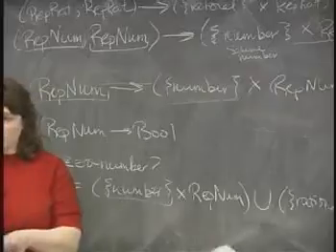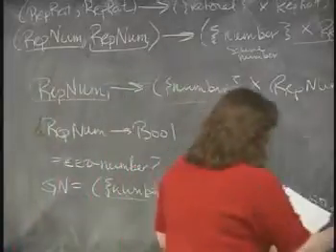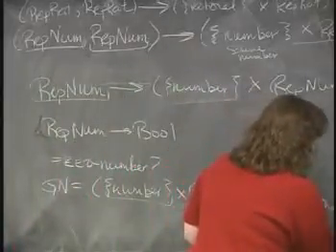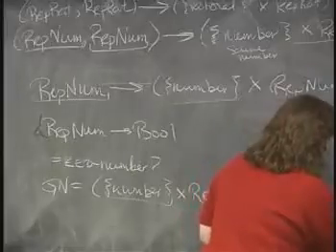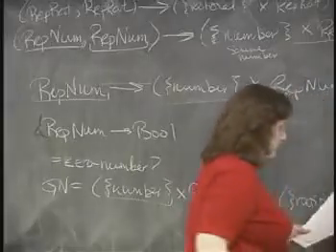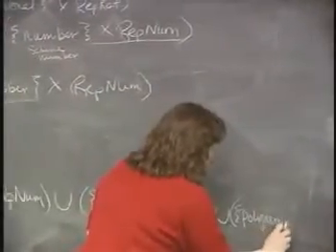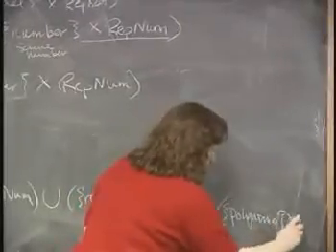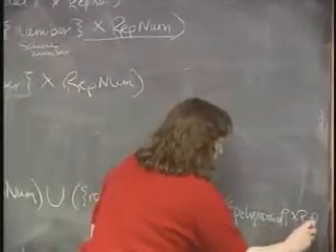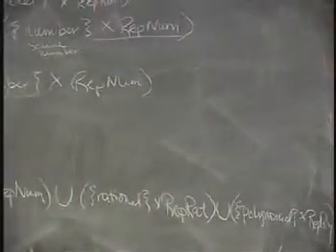Remember, make rat cons the two pieces of a rational together, crossed with the representation for a rational, in this case our tag rational, union with some representation for a polynomial in our system, crossed with rep poly, or the tag for our polynomials.